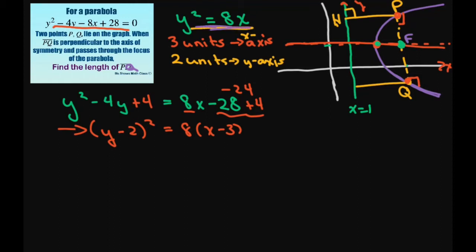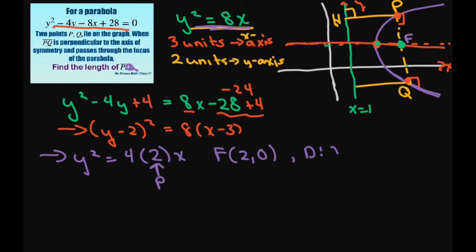If we found our p for this, this would be y squared equals 4 times px. So my p to get an 8 has to be 2. Therefore, for this equation, my focus would be 2, 0, and my directrix would be x equals negative 2.